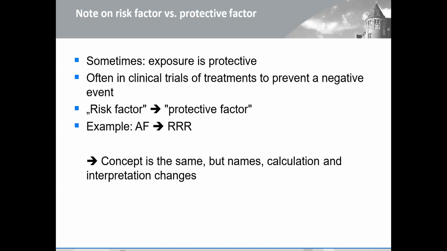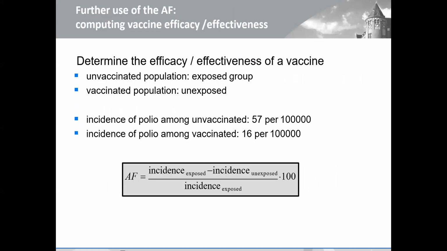This concept is often used in clinical trials, where most treatments are given to prevent a negative event. Because of that, this attributable fraction can be negative, because of these issues of either risk or protective factor.